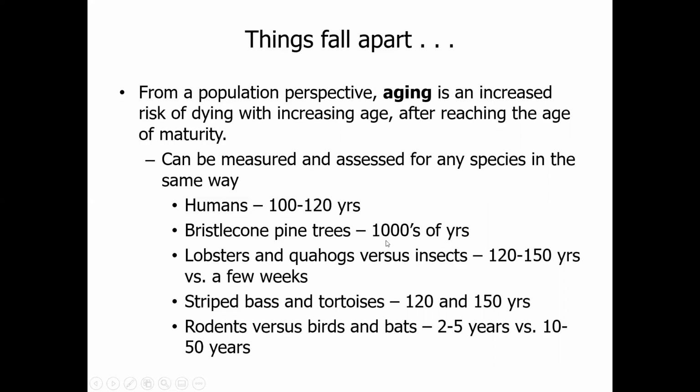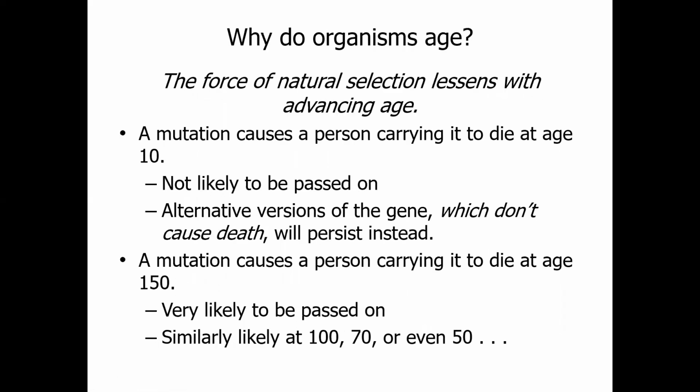However, bristlecone pine trees can live for thousands of years, and their sense of aging is on a different scale than ours. Same idea with rodents. Rodents only live 2 to 5 years, which is way less than humans. But we can assess aging relative to a rodent, a human, or a pine tree. Regardless of what scale you're looking at, when you're looking at aging, you're looking at the risk of dying.